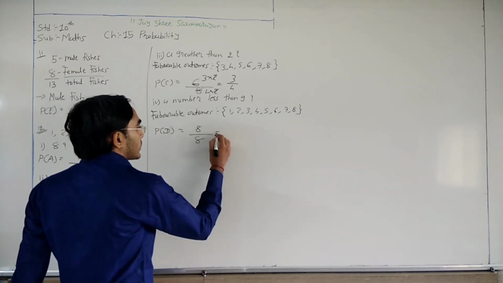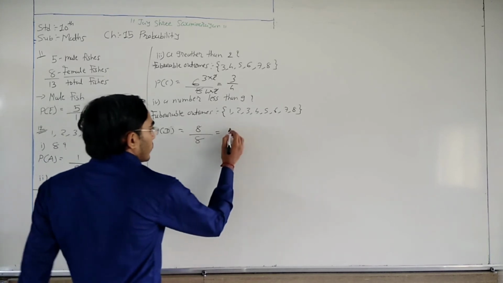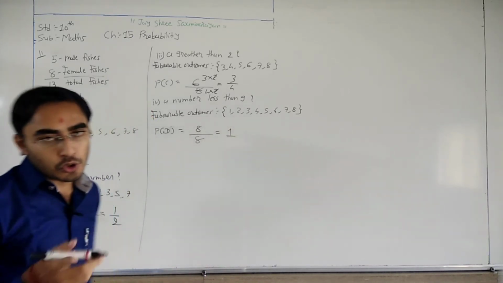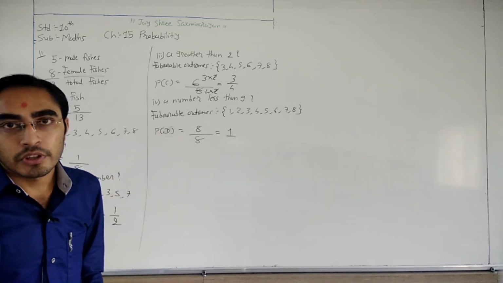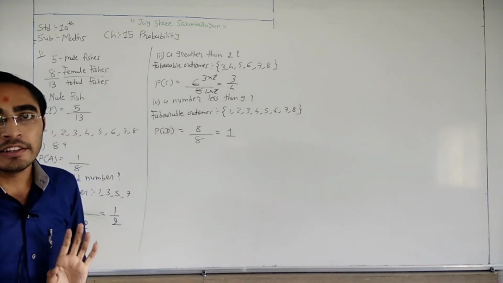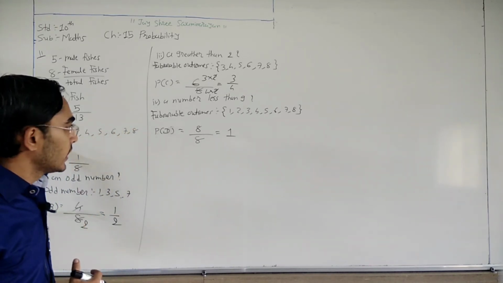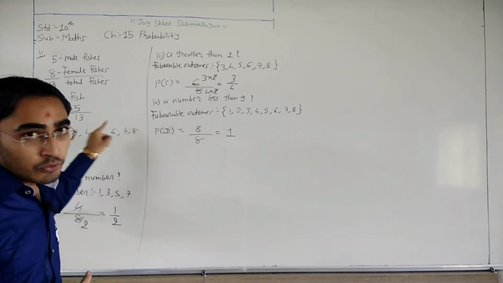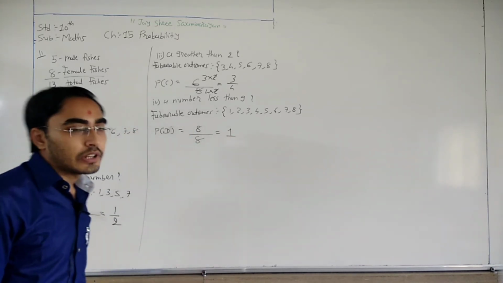So 8 by 8, 1. In the denominator, total number of outcomes, 8. In the numerator, favorable outcomes, all 8 numbers less than 9. So our answer is 1.